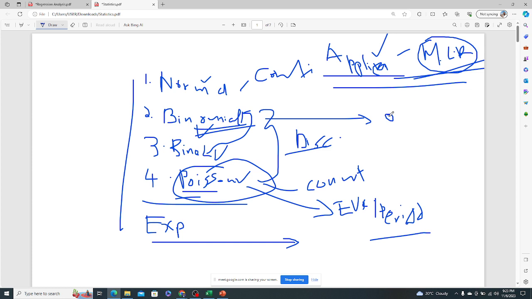It can be a head or a tail. It can be a yes or a no. So for binomial, we always have two possible outcomes. Here we'll be talking about two possible outcomes. It's either a yes or a no, or it's either a win or a loss.